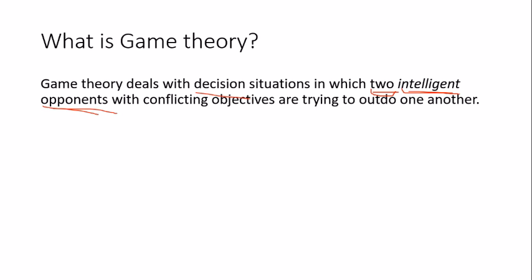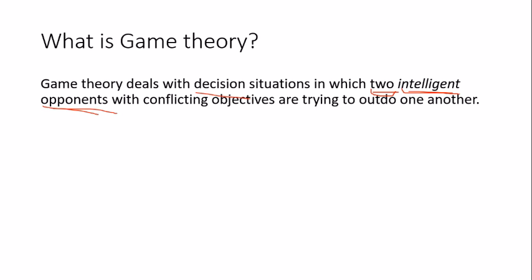So there are two business competitors in the market. Both of them have created their product. They want to sell it with a higher profit. So they are competing against each other. They are doing something to attract the market value, to attract the audience towards them. So the opponent word refers to those two teams, those two persons or players who are competing against each other.